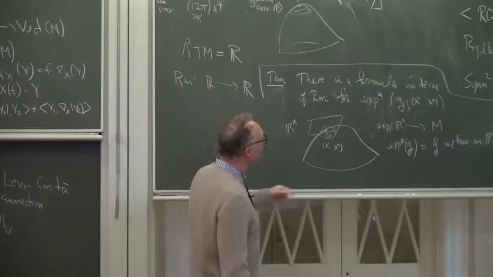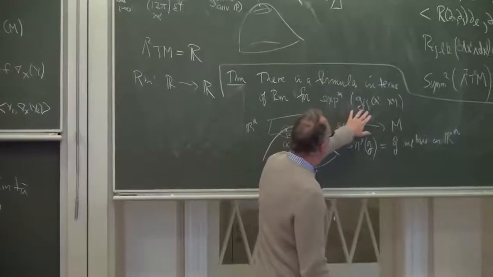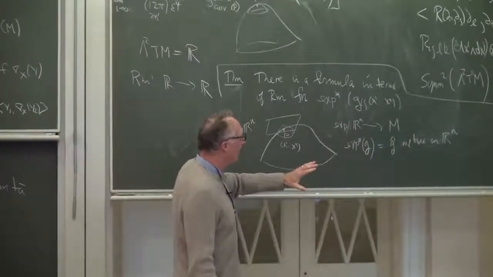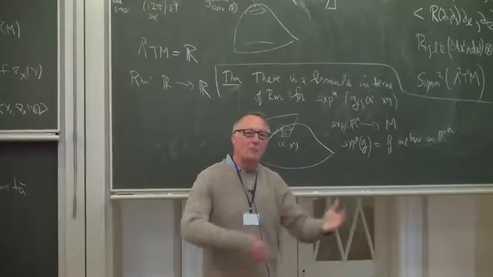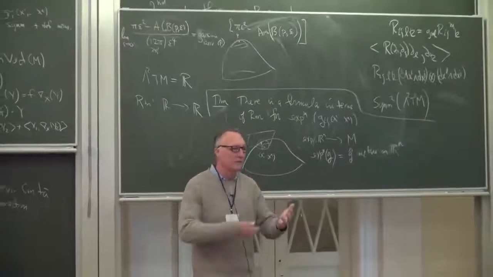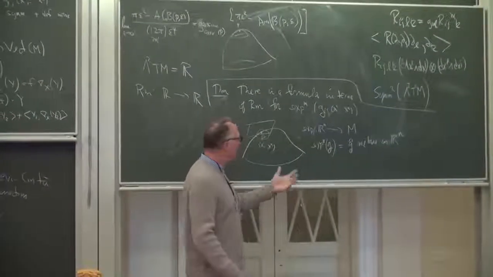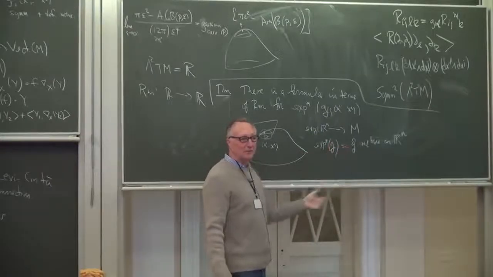So this shows you that, at least locally, the geometric properties of the metric, in other words the metric up to the action of change of coordinates, or the action of the diffeomorphism group, is simply the Riemannian curvature tensor.